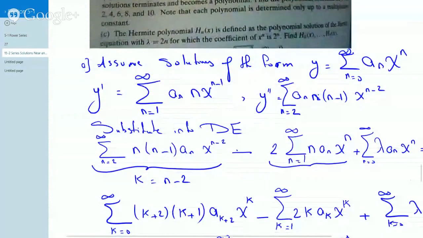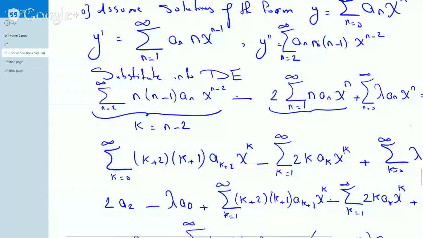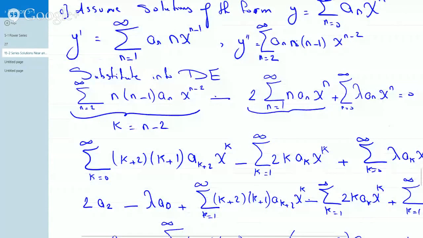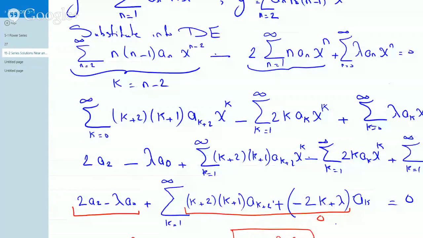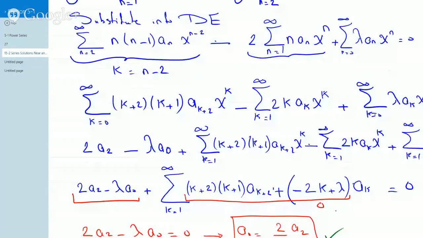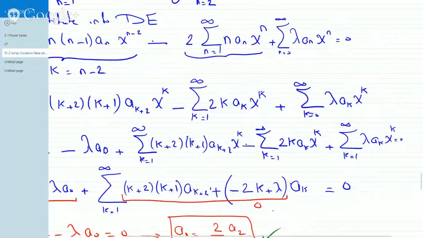We substituted into the differential equation, and then what we did is we made them all start at the same place, so k equals 1, by absorbing k equals 0 from the first series on the left and k equals 0 from the third series on the right.